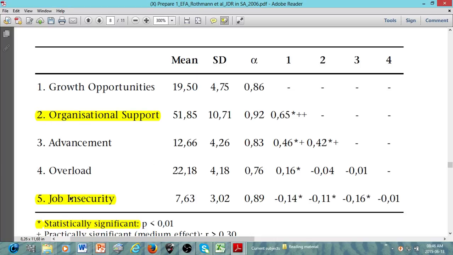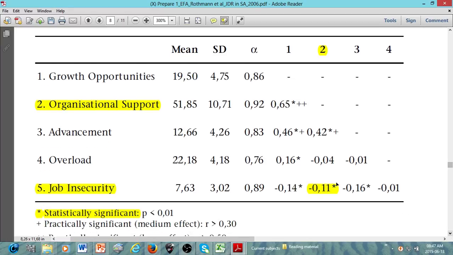So therefore we're going to look at where job insecurity intercepts 2, intercepted over there. So over here, the correlation coefficient between job insecurity and organizational support is negative 0.11. And we can see that it's statistically significant because a star is next to it. Now, I didn't discuss the practical significance, but we'll get to that just now.